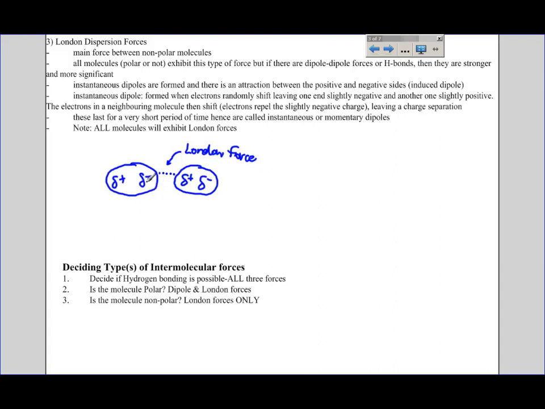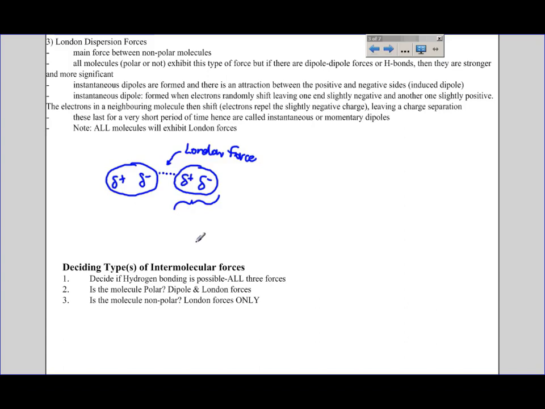As quickly as these electrons end up in one area leading to this charge separation, they're going to repel one another and, as a result, break the intermolecular force. So these are referred to as instantaneous dipoles. And also, sometimes they are called momentary dipoles. And that's what this is here. This is the momentary or the instantaneous dipole.